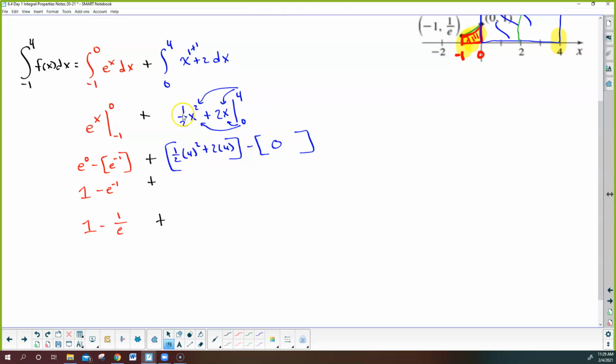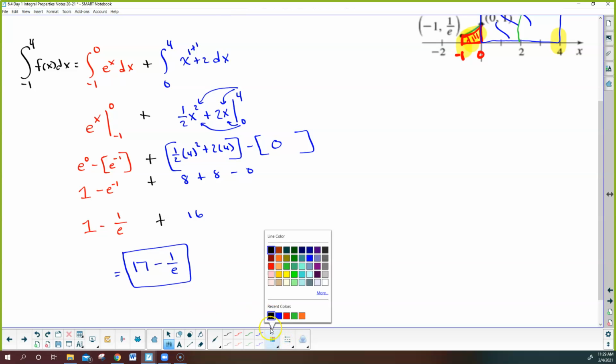So I don't actually have to show the 0 being plugged in if I'm confident that that answer is going to be 0. Now let's simplify. So we get 16. Half of 16 is 8. 8 plus 8 minus 0 is 16. And then 1 plus 16 is 17. And I cannot add a -1 over e. So we're just going to leave our answer like that.